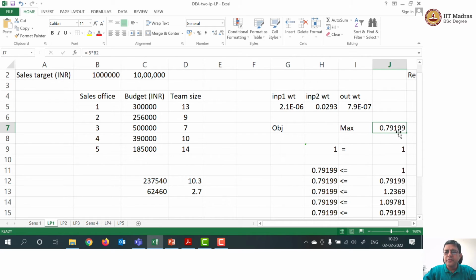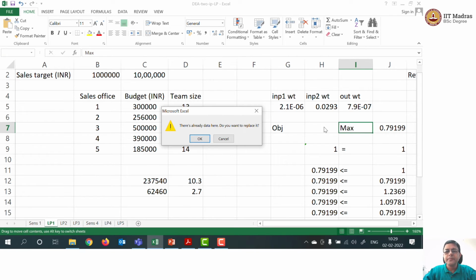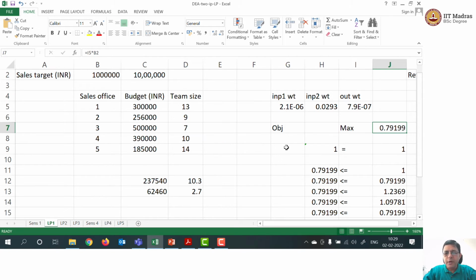Now what we are going to do is look at the dual solution for this linear programming problem. What do I mean by dual solution? Again, I refer you to the session that we had on operations research and particularly linear programming problems. From those sessions, you know what the dual of the linear programming problem is.